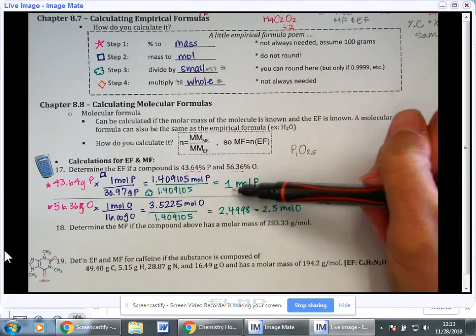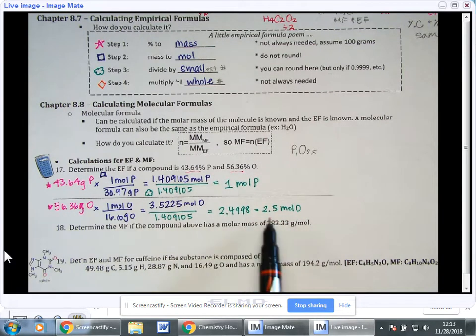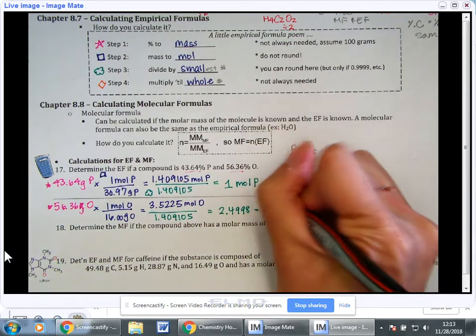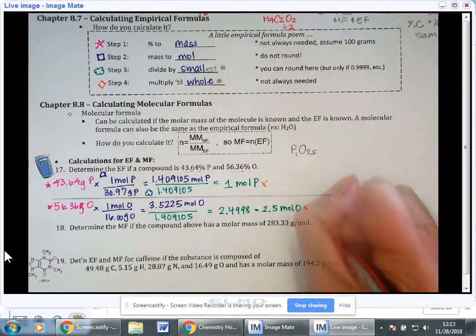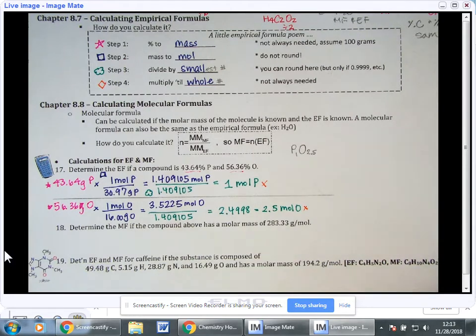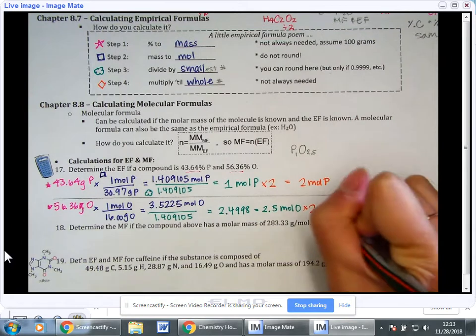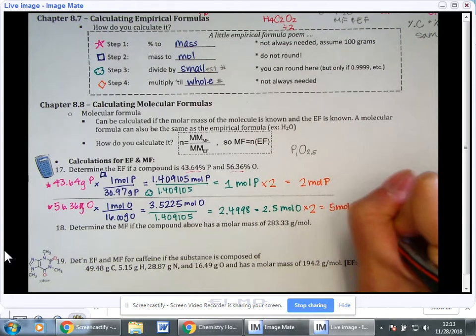It would be P1O2. But because I have a fraction right here, I'm going to multiply until whole. So I'm going to multiply both of them by a factor to get a whole number. If you think about this, you would multiply by 2. Once you multiply by 2, I have 2 moles of phosphorus for every 5 moles of oxygen.